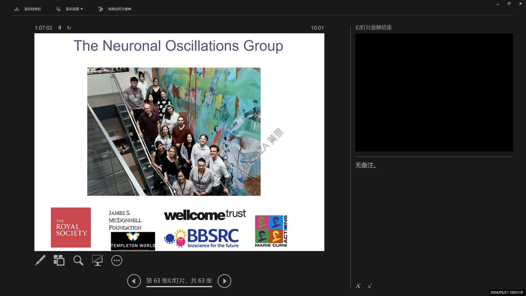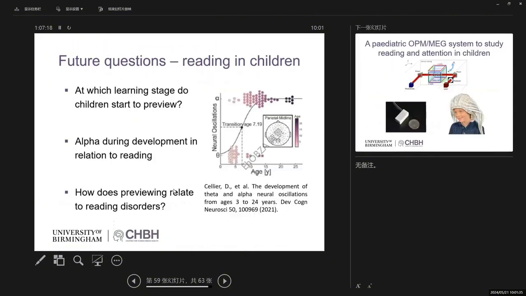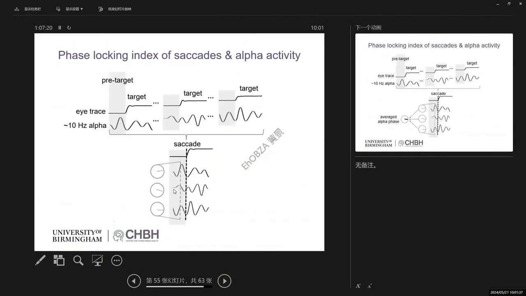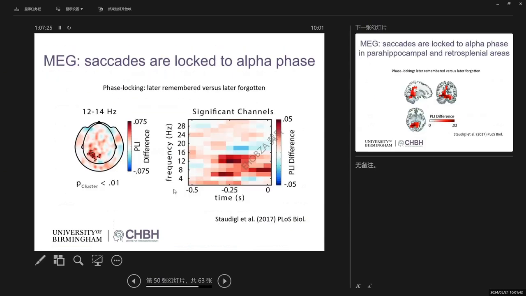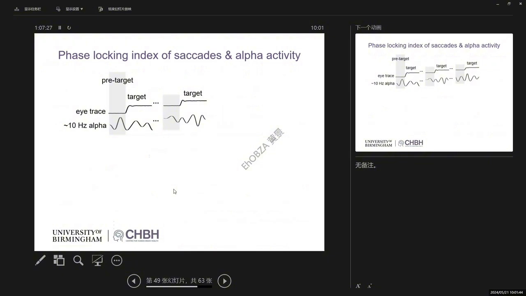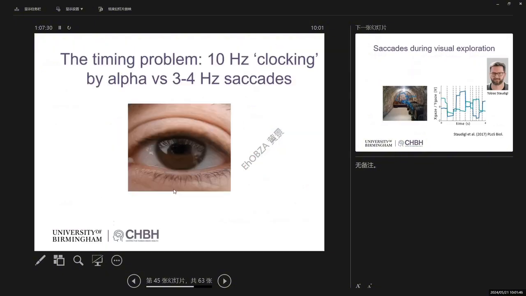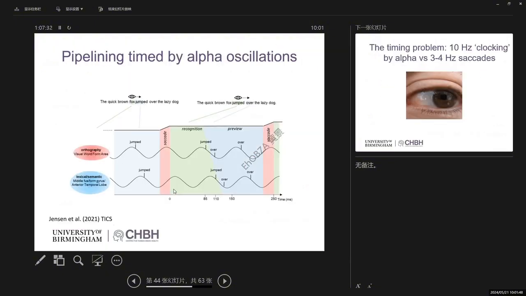And you find the alpha oscillation enhancement if you observe the saccade. Is there any relationship between them? And also from your reading studies, I think you also have some kind of results during the saccade. And what kind of content is blocked during the saccade?